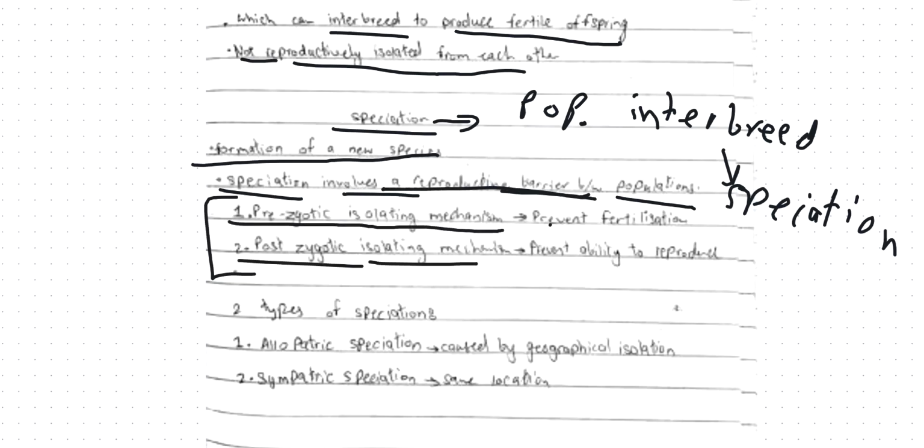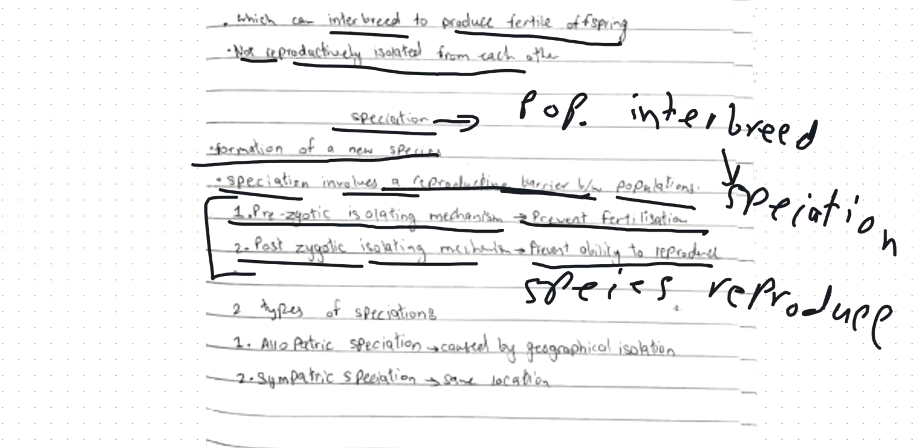The pre-zygotic, from its name, happens before fertilization, and post-zygotic happens after the gametes are fertilized. In post-zygotic, the species cannot reproduce.